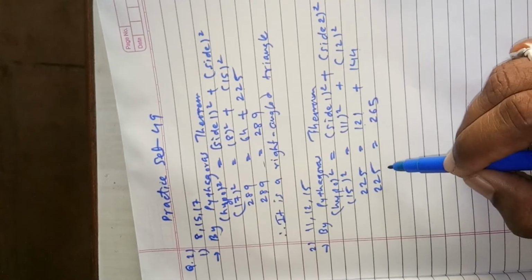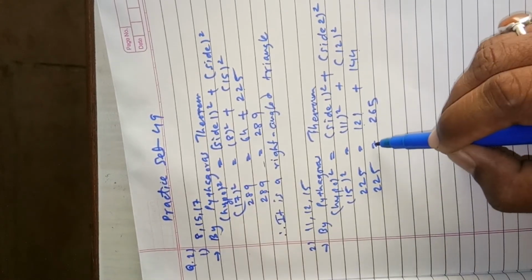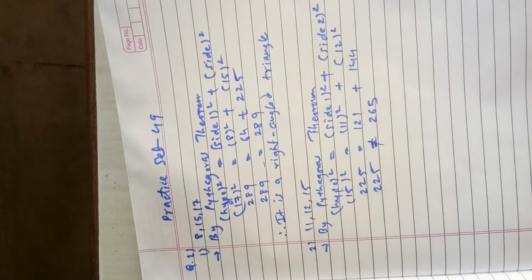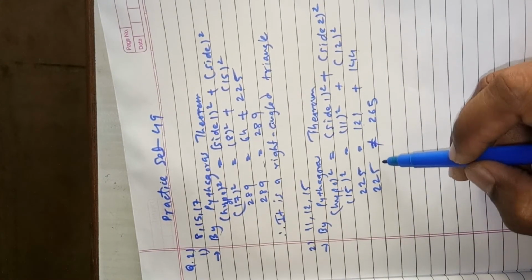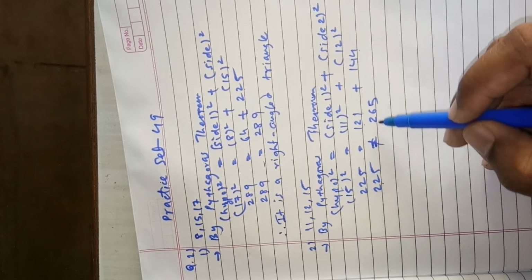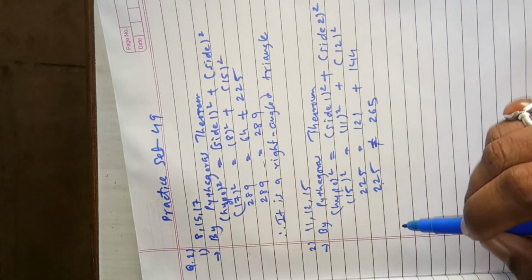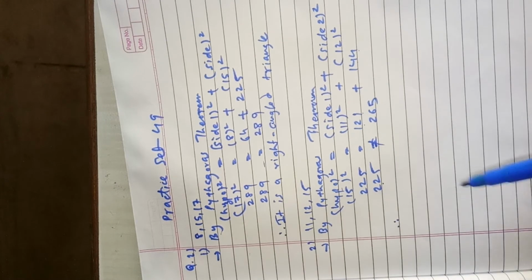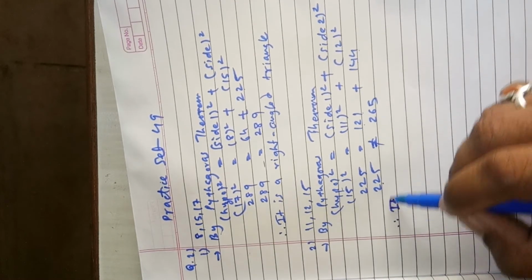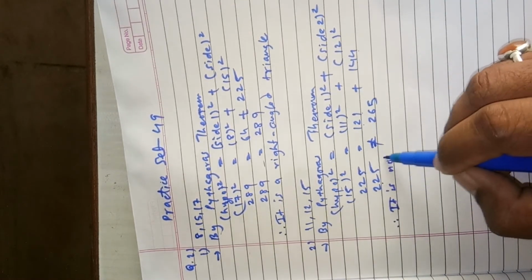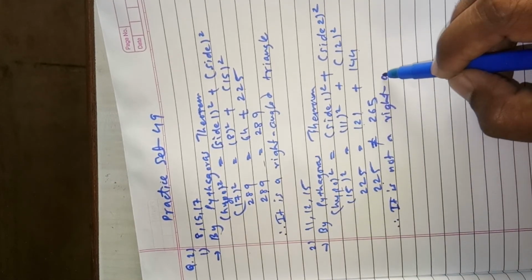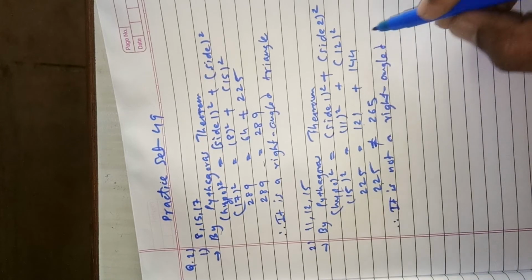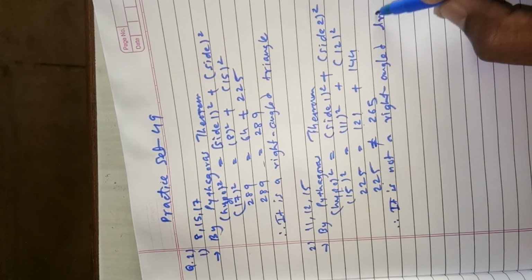So 225 is not equal to 265. So here you have written not equal to. This is the symbol of not equal to. Since these LHS and RHS are not equal to each other, therefore it is not a right angle triangle.